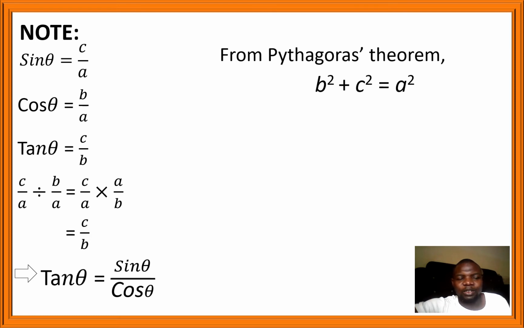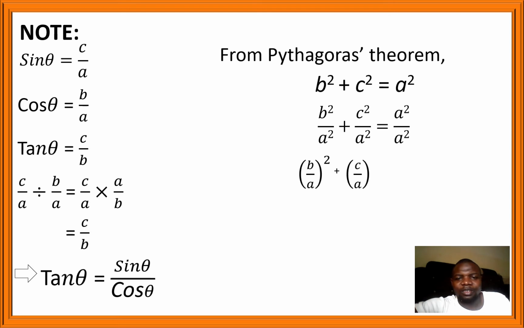Let's divide through by a squared. When we divide through by a squared, this gives us b over a all squared plus c over a all squared equal to 1, because a squared cancels a squared.